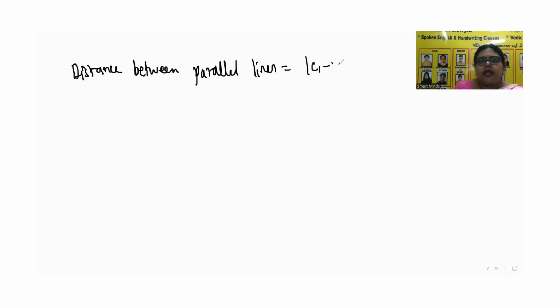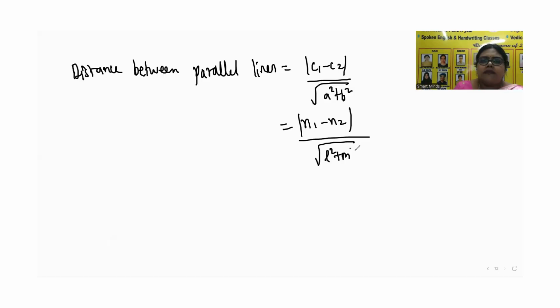So again, distance between parallel lines formula is mod C1 minus C2 by root A square plus B square. So that I am writing as mod n1 minus n2 by root L square plus M square.